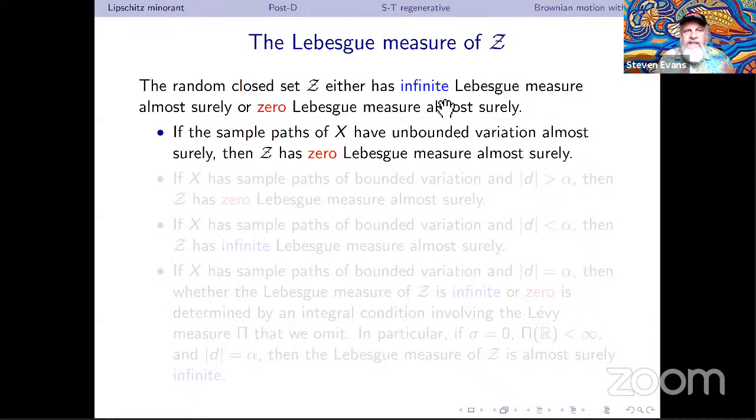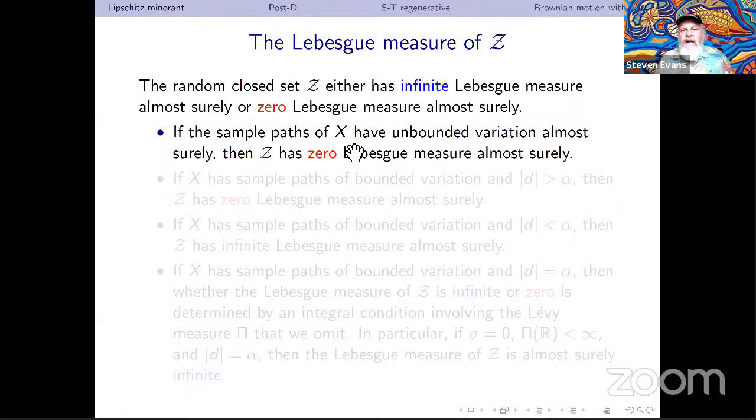So a few facts about the contact set Z. Just a general fact about regenerative sets: the random closed set Z either has infinite Lebesgue measure or 0 Lebesgue measure, almost surely.